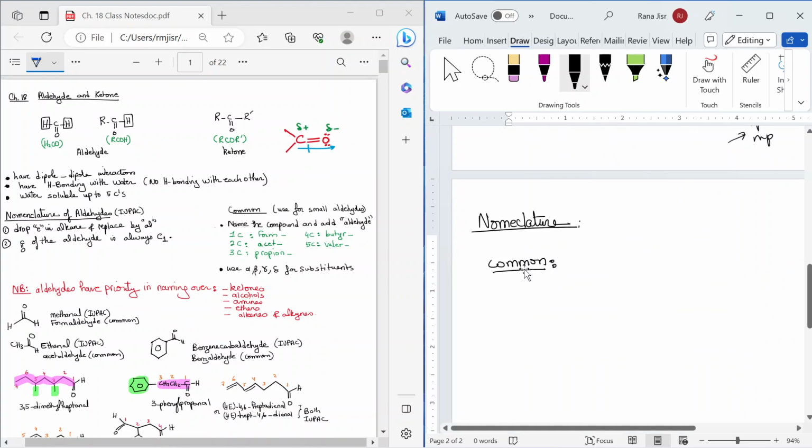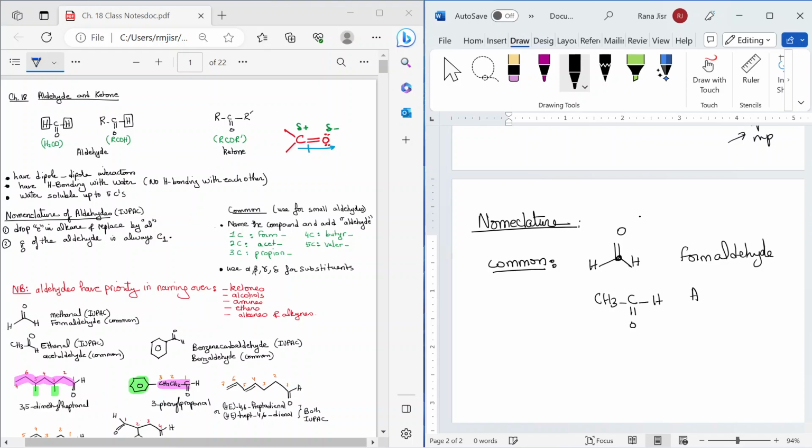To name aldehydes with a common name, we name the carbon chain and then put the word aldehyde at the end. Where you have just one carbon, that is called formaldehyde. Acetaldehyde is whenever you have two carbons and the hydrogen. A 3-carbon aldehyde, including, of course, the carbonyl of the aldehyde.